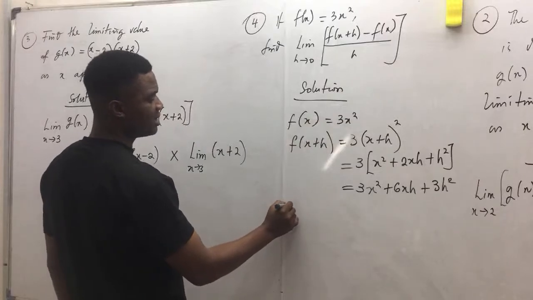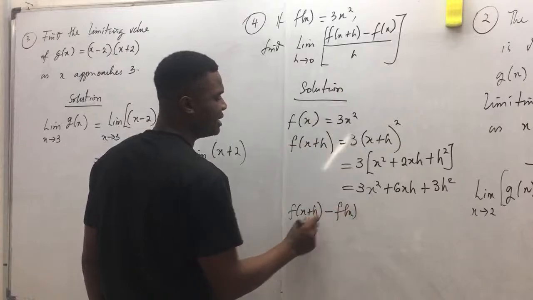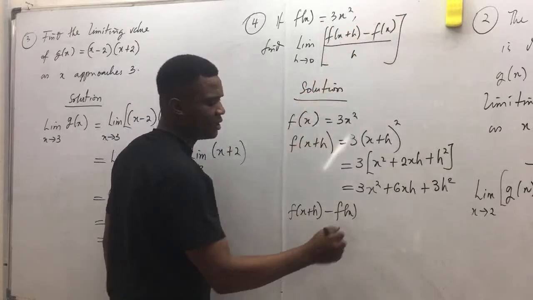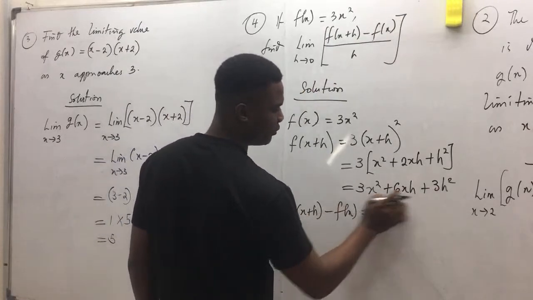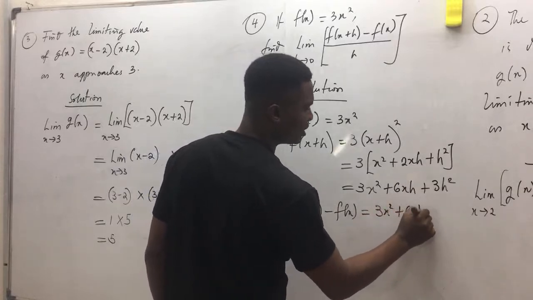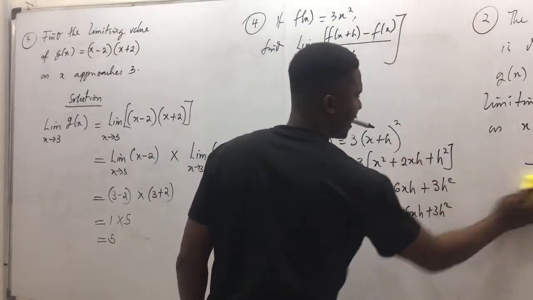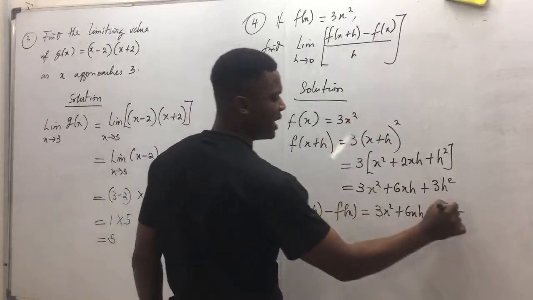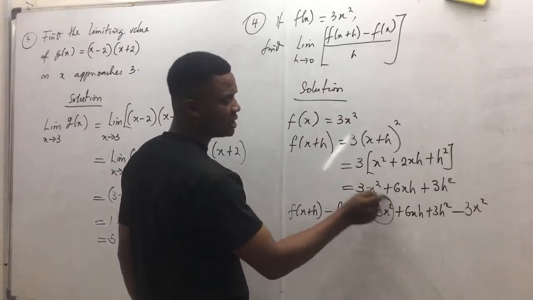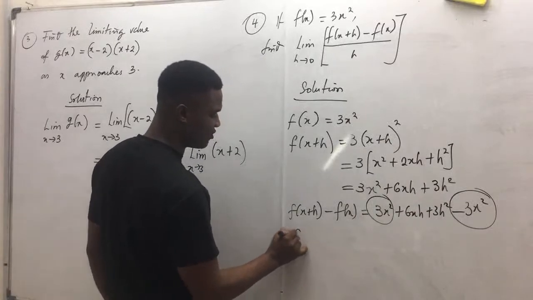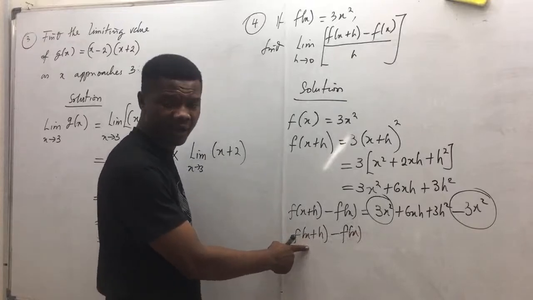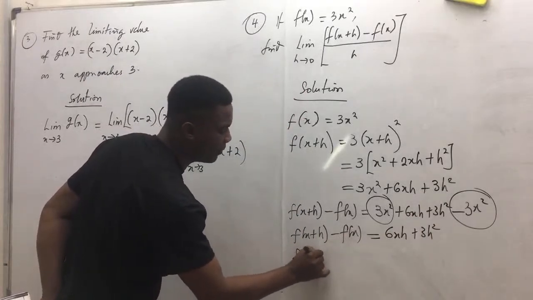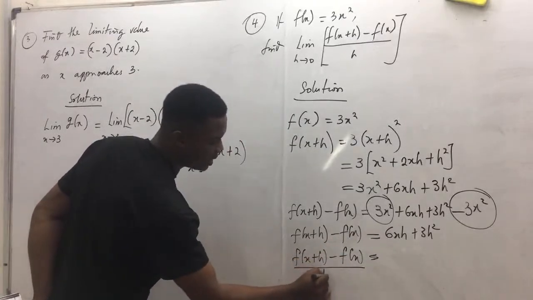So next I'm going to find f of x plus h minus f of x, which is the numerator of the expression inside the bracket. F of x plus h is 3x squared plus 6xh plus 3h squared. If I subtract f of x from this, 3x squared minus 3x squared goes off, and f of x plus h minus f of x is 6xh plus 3h squared.